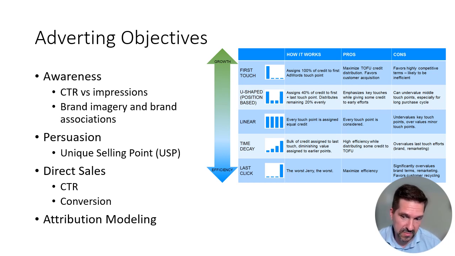Oftentimes you start with awareness, but you might be able to work towards more sophisticated efforts where you're going to go from just knowing your brand, which will be typical brand awareness, to moving to other aspects of your brand essence, like for example, brand imagery or brand associations, right?